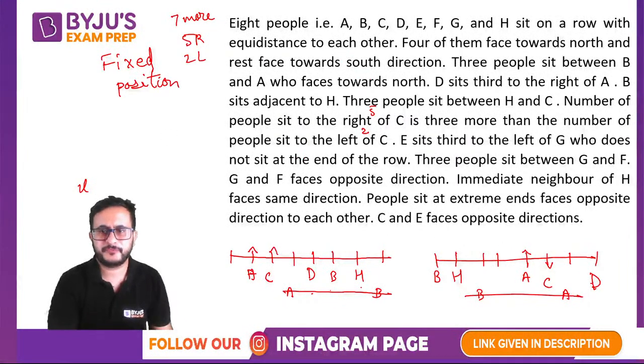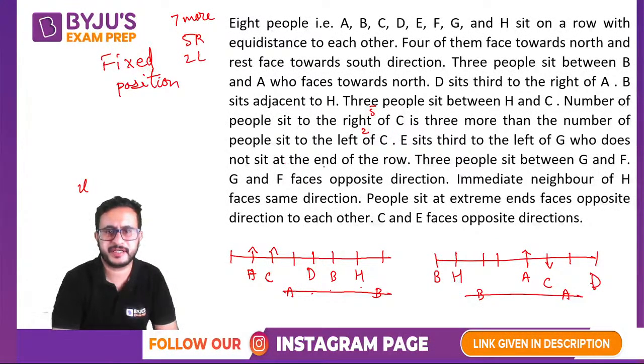Now we have placed these many people, and then let's look at the two statements. E sits third to the left of G, who does not sit at any end of the row. So G does not sit at the end. G can sit anywhere out of these, and E is third to the left of G. If we take G as south, third to the left is already occupied.